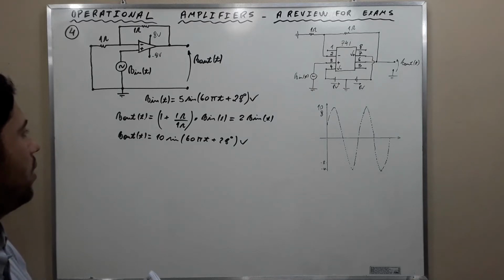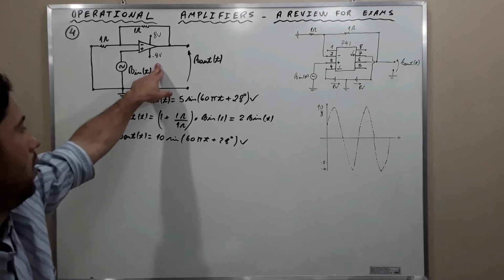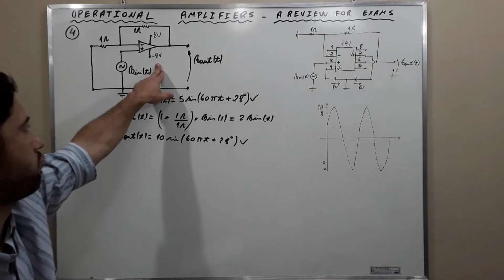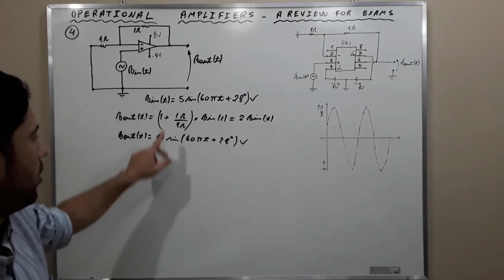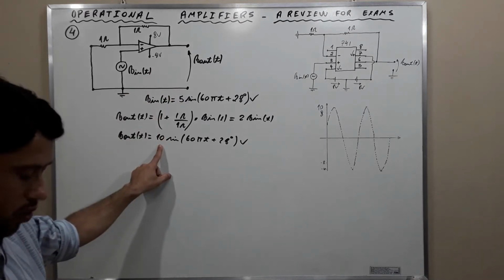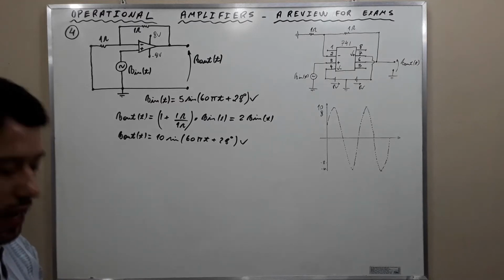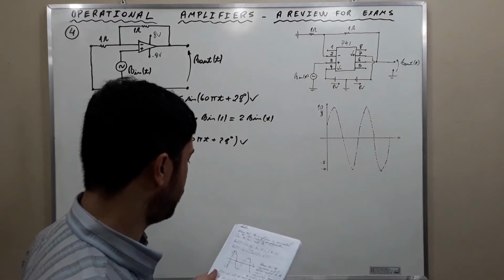Then, as our DC supplies provide only 8 volts, we are not going to reach 10, okay? We are going to stop at 8. So this is going to be the output waveform.